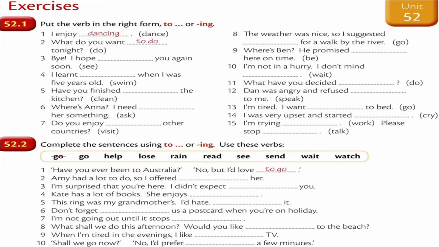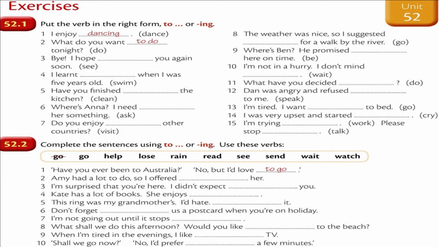Number 4. I learned to swim when I was 5 years old. Number 5. Have you finished cleaning the kitchen? Number 6. Where is Anna? I need to ask her something. Number 7. Do you enjoy visiting other countries? Number 8. The weather was nice, so I suggested going for a walk by the river.